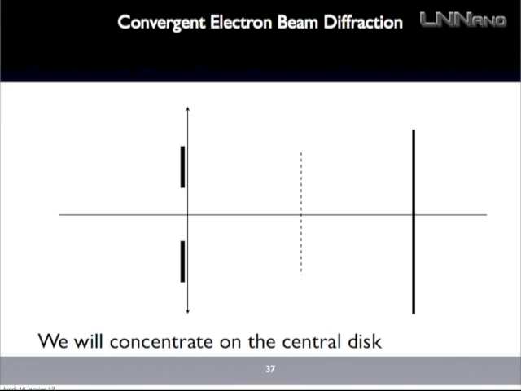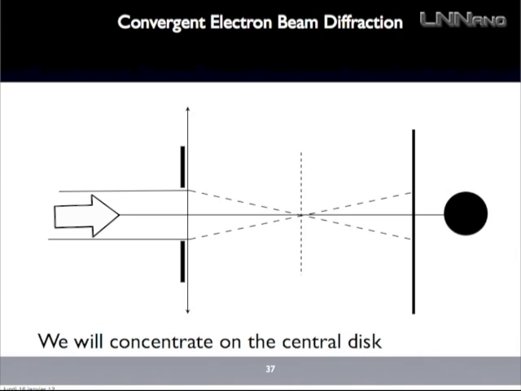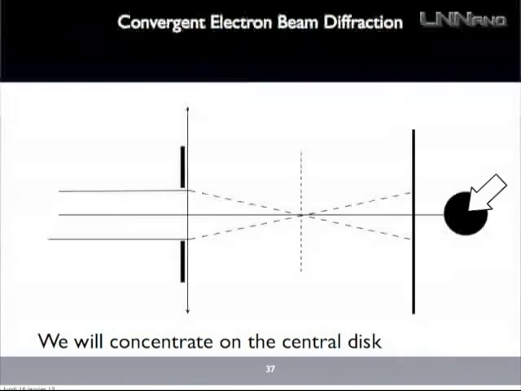Okay. So just to explain, or to give another view, I will comment about the convergent electron beam diffraction mechanism. You send a parallel beam on your objective lens, which will focus the beam onto your sample. If you just consider the transmitted beam, it will be a disk and not a spot, as you would have with a parallel illumination. And of course, because there is some diffraction, you will have another Bragg spot that will be broadened because you have some angle of incidence, and another one, and so on and so forth.